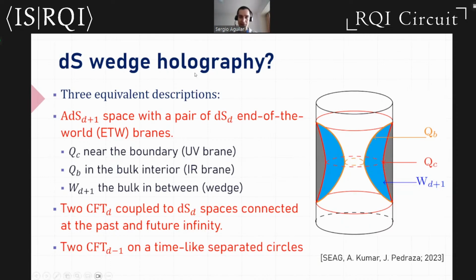The one that we are focusing on in this dS wedge holography is when you have de Sitter end of the world branes, and there is some intermediate AdS space in higher dimensions that is in between the two branes, and there is a location at the intersection between the two branes. They are basically accelerating universes from the brane perspective, or from the higher dimensional point of view.